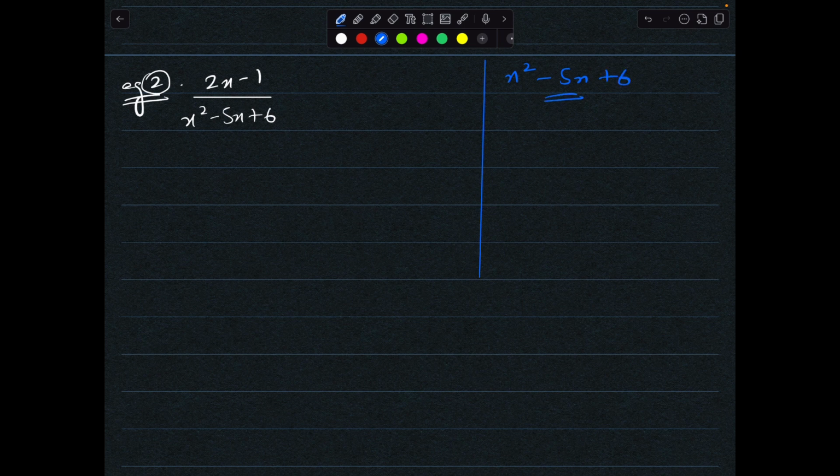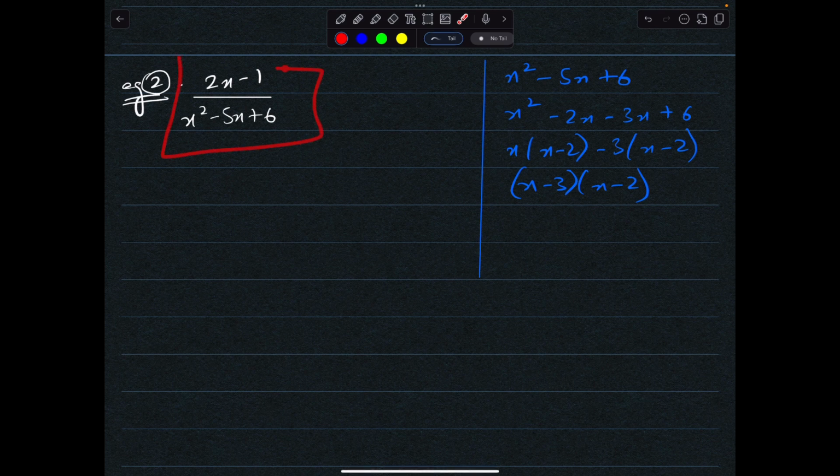I can write minus 5x, since we have two numbers with the same signs, as minus 2x minus 3x, plus 6, and x squared remains as it is. Taking x common would leave me with x minus 2 and taking minus 3 common would leave me with x minus 2 yet again. And thus the two factors turn out to be x minus 3 and x minus 2.